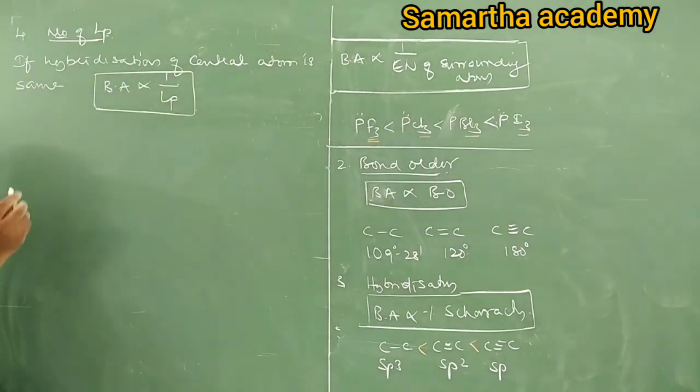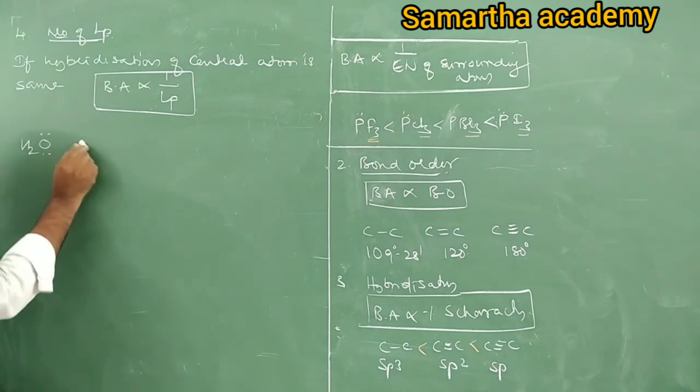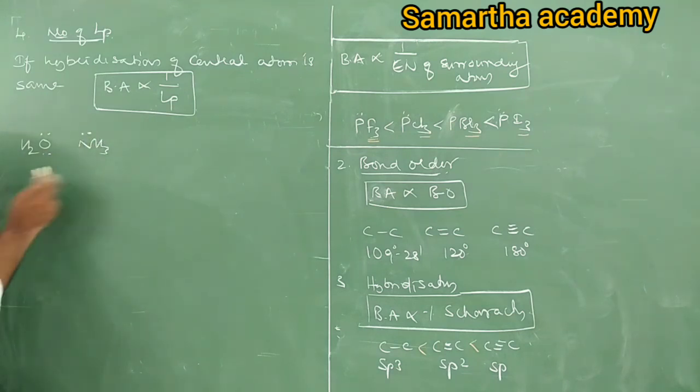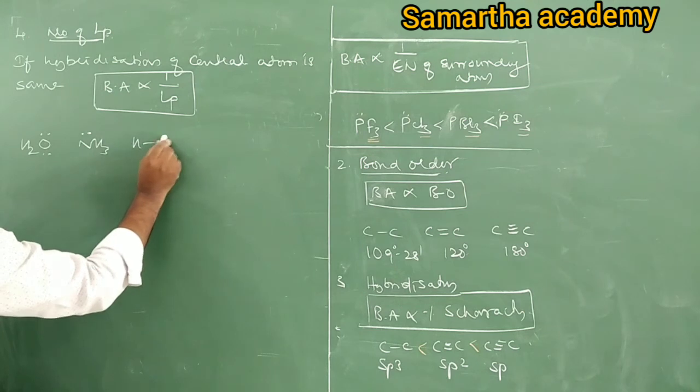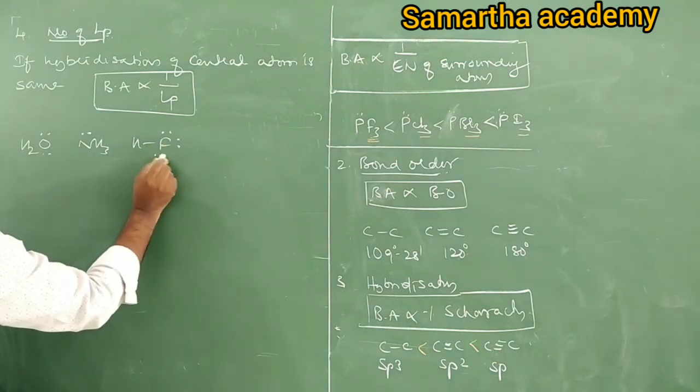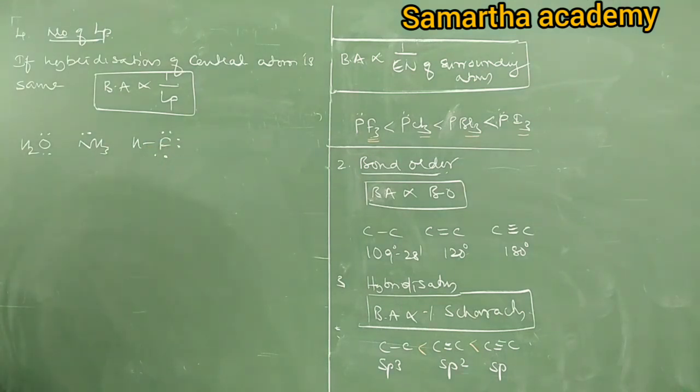Now for example, take H2O, it has 2 lone pairs, ammonia has 1 lone pair, and HF has 3 lone pairs on fluorine, right? Tell me whether all 3 have the same hybridization.